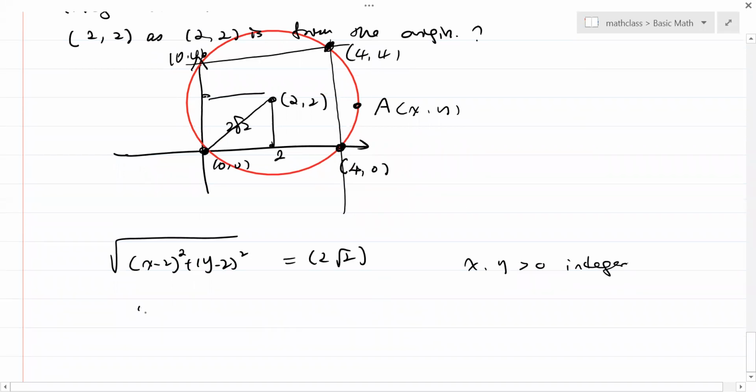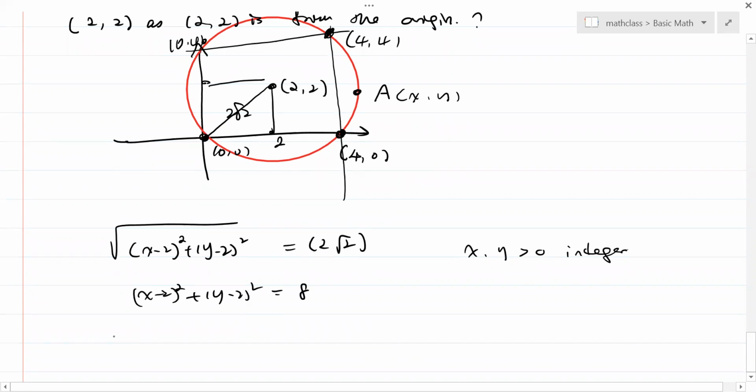Then you square it, so x minus 2 squared plus y minus 2 squared equals 8. So you can see what happens in the other possible cases: x equals 1, 2, 3 and 4. Those are the possible positive integers you can get.